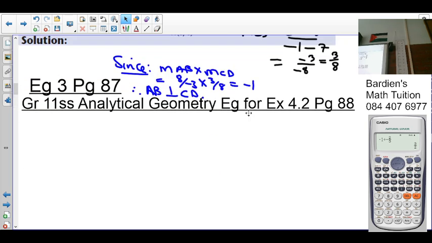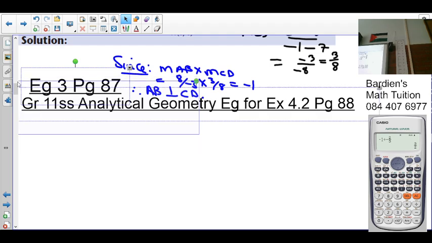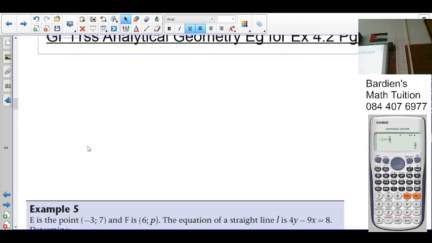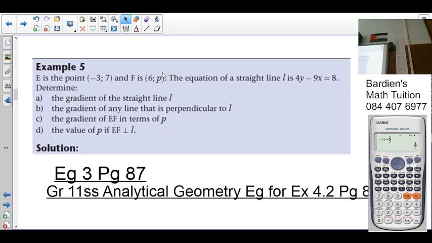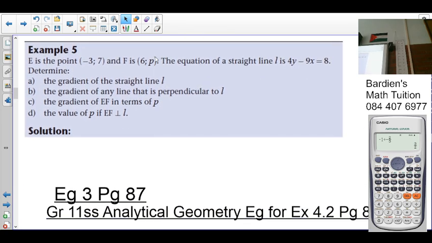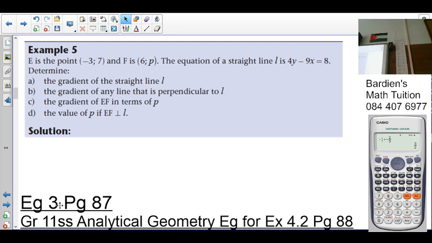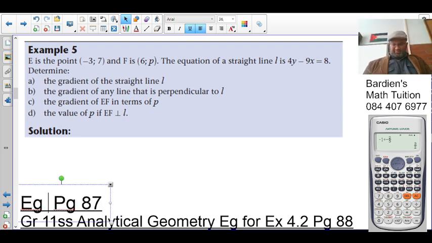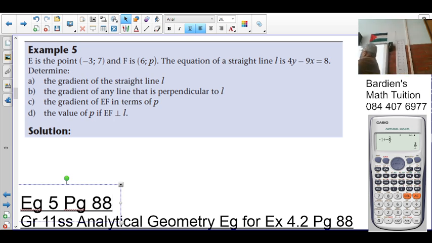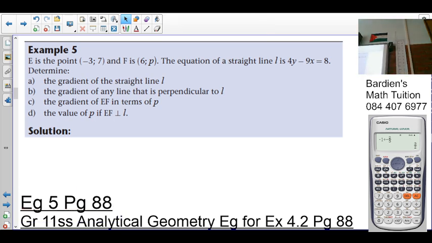Another one. Example 5. Example 5 is on page 88. Example 5 we are told E is a point negative 3 and 7.